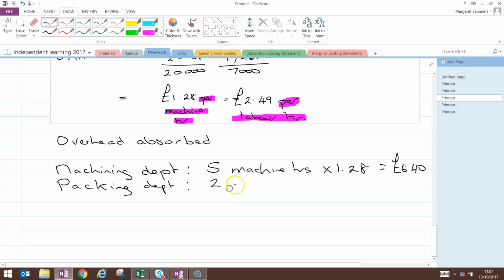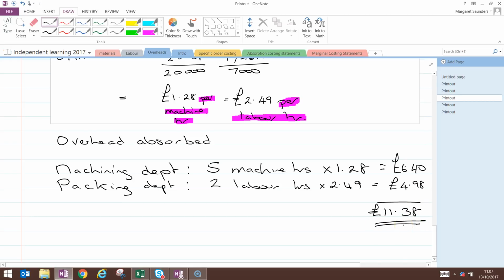So 2 labour hours times 2.49 gives us £4.98. So the overhead absorbed, £11.38.